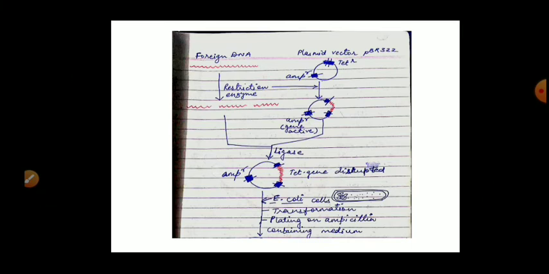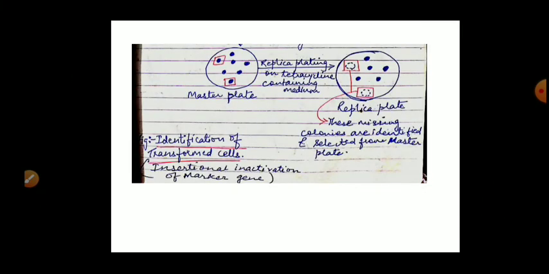So the colonies which are present on the master plate but absent on the replica plate are those where tetracycline resistance is disrupted, and they are formed by the desirable clones, cells containing plasmid with insert, and hence these transformed cells are desirable.